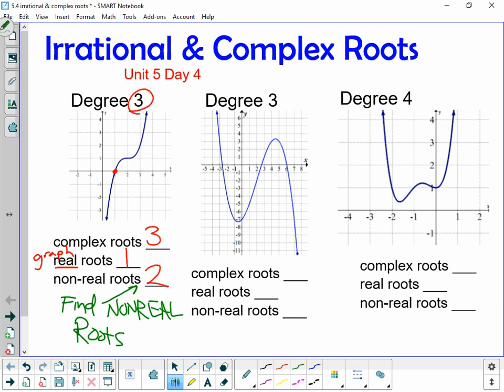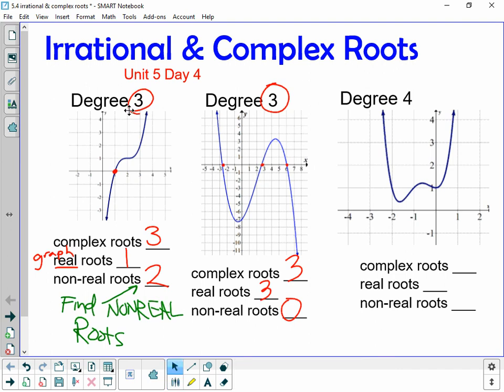So let's look at this next one. This is also a degree 3 polynomial. So that means it has 3 total complex roots. If we look at the graph, though, we can see that this one has 1, 2, 3 real roots. That means it doesn't have any non-real roots. All 3 of the roots are real in this case.